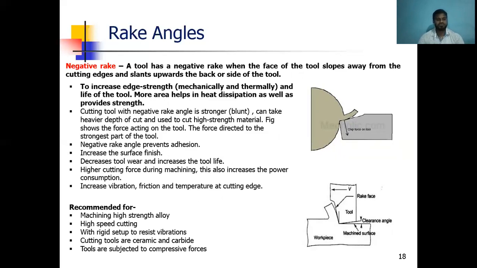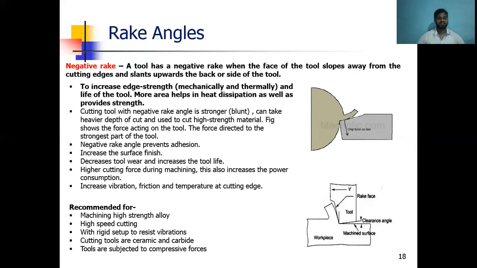The cutting tool with a negative rake angle is stronger, nothing but blunt. It can take a heavier depth of cut and is used to cut high strength material. Negative rake angles prevent adhesion, increase the surface finish, and increase the tool life.